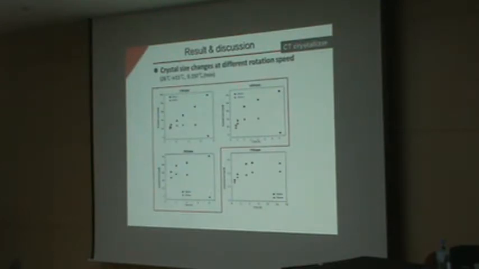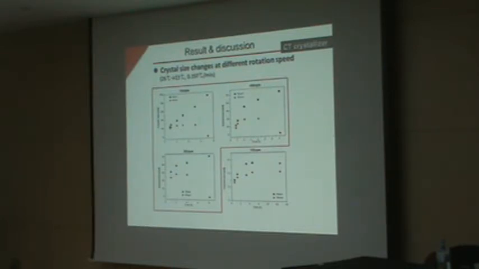And this is the crystal size change at different rotation speeds during this cooling crystallization. We found that when the rotation speed is higher than 100 rpm, here, firstly, we call the crystals finally in excess the major form, and the other one the minor form.